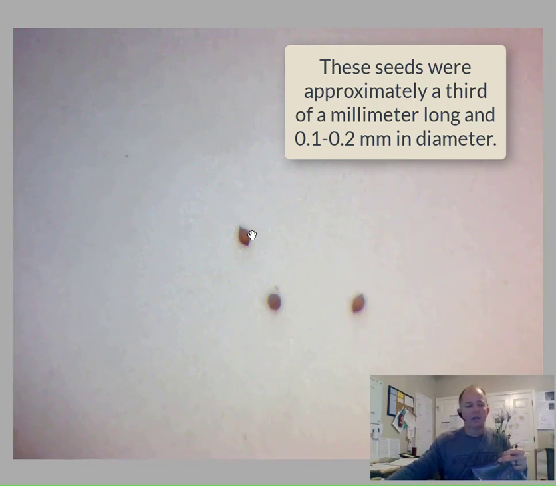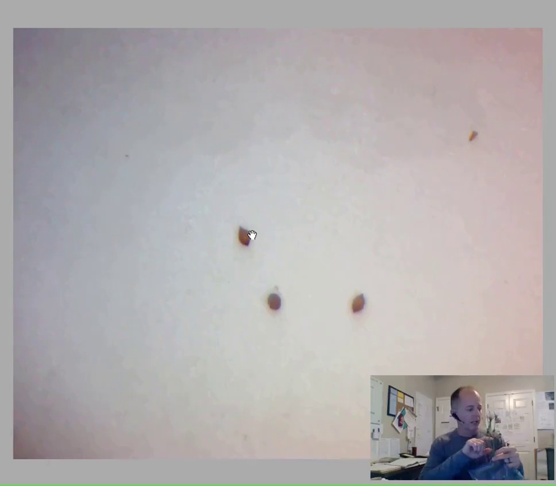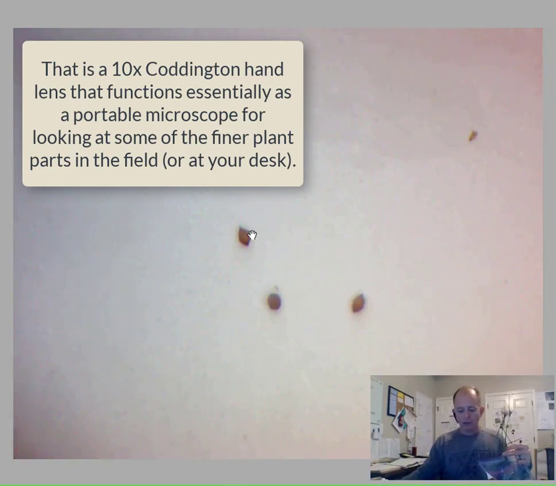And in fact, when I was getting the seeds out of the capsules, I had shaken them out and I was using a hand lens, so one of these things here, to look around on the paper, see if I could find the seeds. And whenever I moved the paper, the seeds just rolled across there. And so because the seeds rolled and then all of the debris I had didn't roll, I was actually able to kind of fold up the paper and get all of the seeds into one place on the paper.